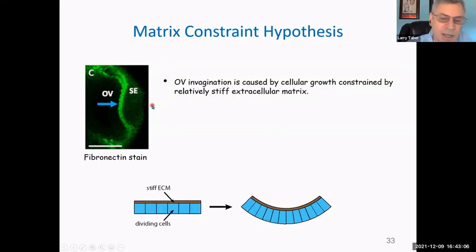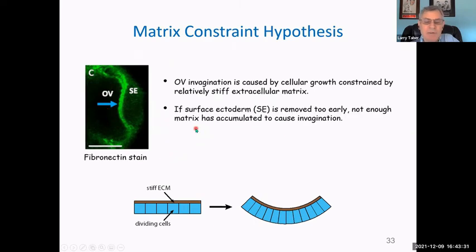And so we speculated that this invagination of the optic vesicle is caused by the growth of the cells constrained by a relatively stiff matrix. So if you have cells that are dividing, tending to grow longer, the matrix does not grow, and it forces the layer to bend with the matrix along the inner curvature, as happens here for the optic vesicle. And so if the surface ectoderm is removed too early, then we thought, well, maybe not enough matrix has accumulated to cause it to invaginate after the surface ectoderm was removed.